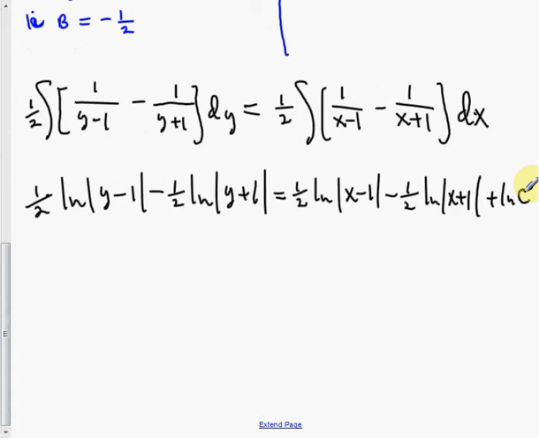All right. Multiply everything through by 2, and then since we know the property of natural logs, we can combine those terms. The difference becomes the ratio.